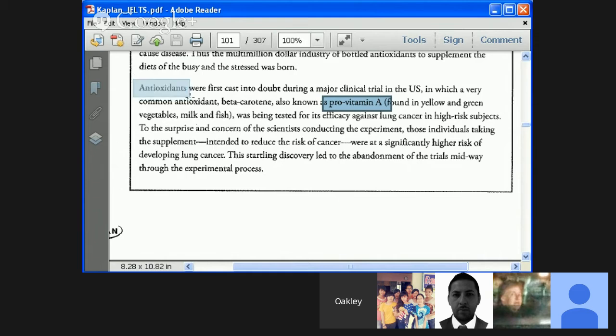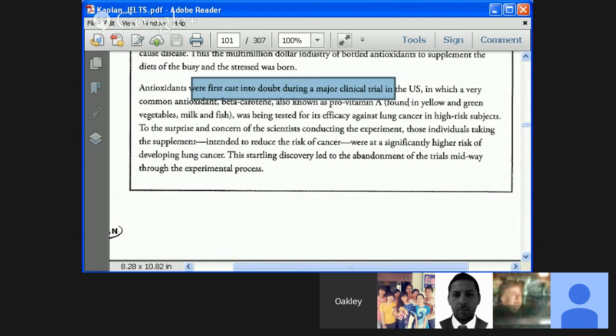Well, not mentioned. But it says a clinical trial happened. True? Okay, antioxidants were first cast into doubt during a trial, a clinical trial in the U.S. They were being tested for lung cancer.